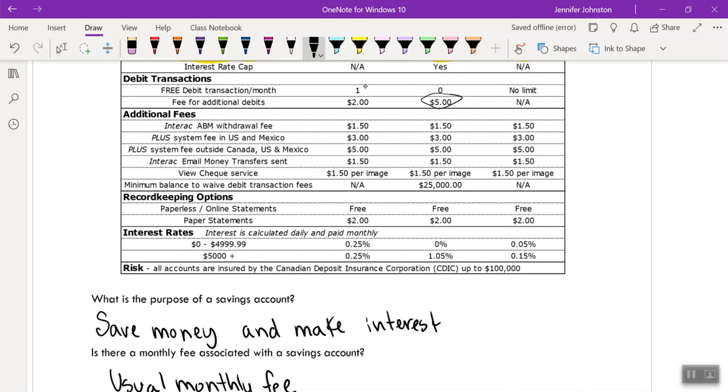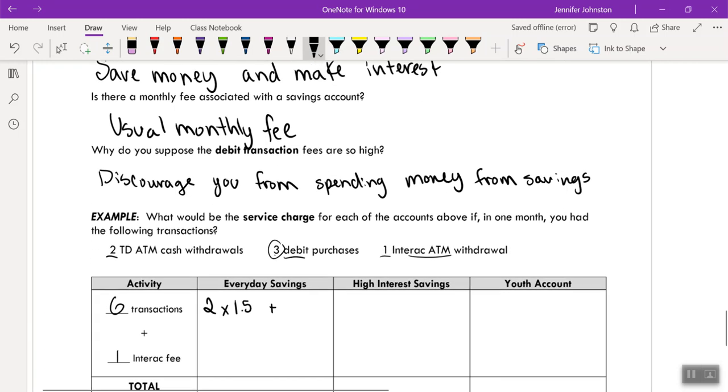For debit purchases, we're allowed one free one and then $2 after that. So 3 minus 1 means only 2 of them we have to pay for. That would be 2 times $2. So here we get 3 plus 4, which is $7.